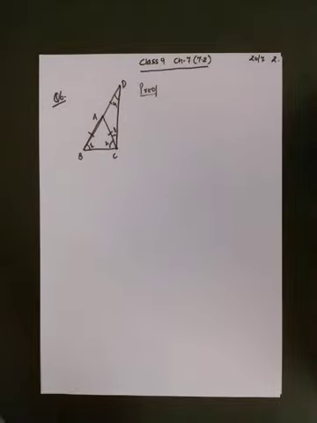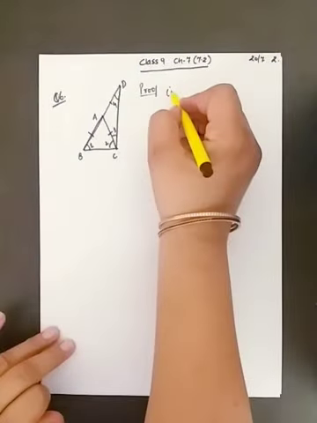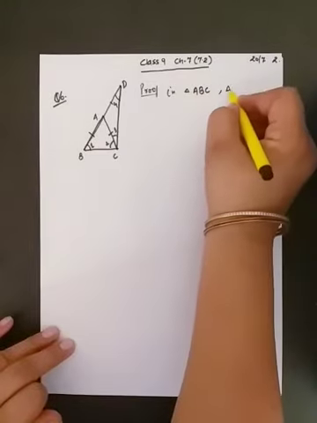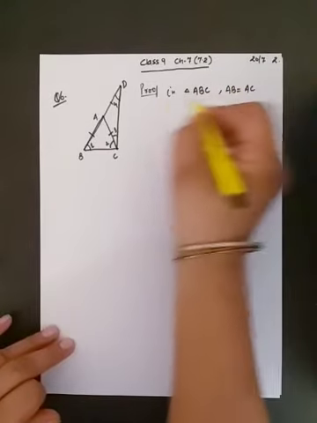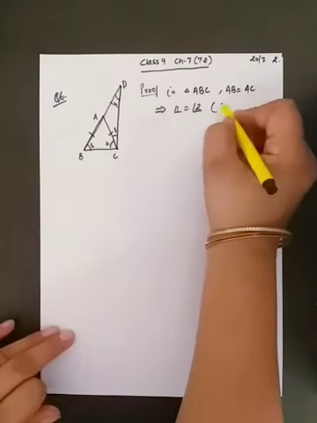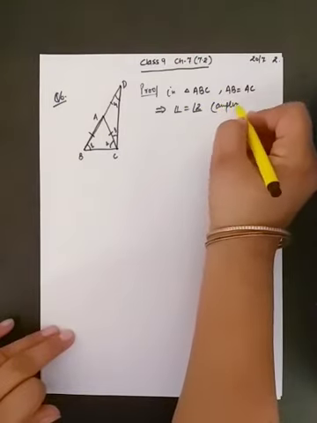See in figure, in triangle ABC, you are given AB is equal to AC. So this gives angle 1 is equal to angle 2. These are angles opposite to equal sides.